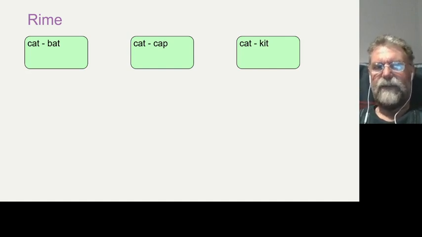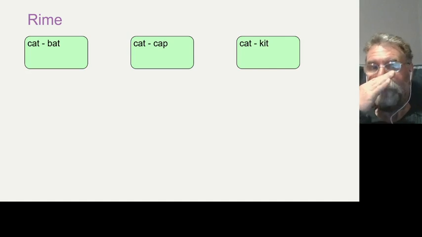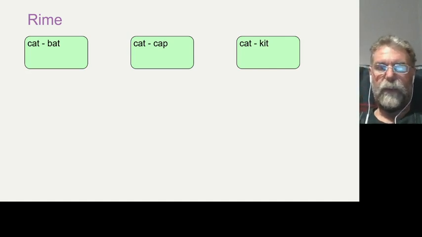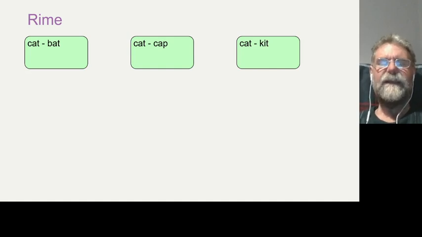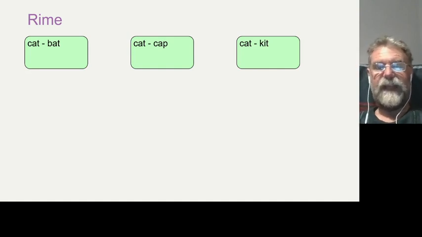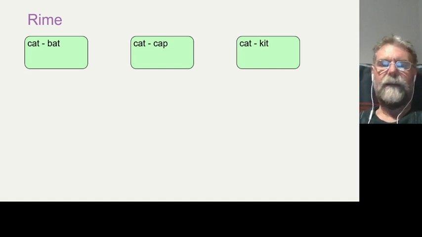In fact, if you ask somebody to come up with a minimal pair involving the word cat, I suspect what they would come up with first is a word like bat. That is, one that differs in terms of that first consonant, rather than the last consonant, or the vowel in the middle.